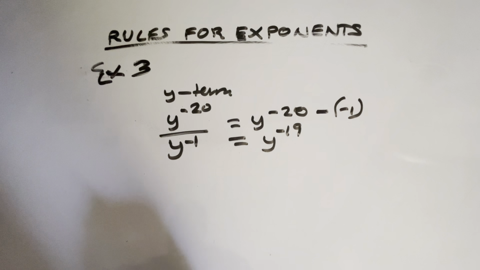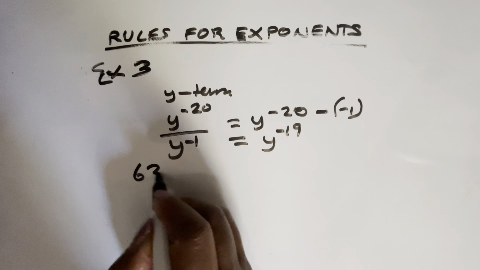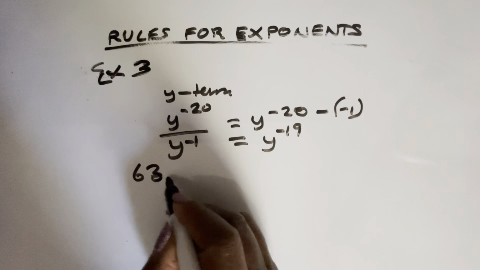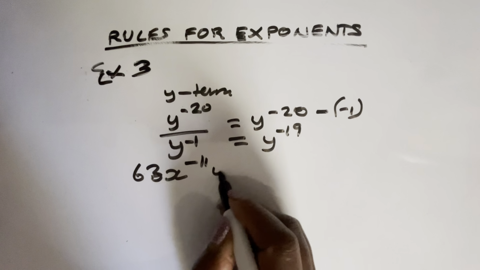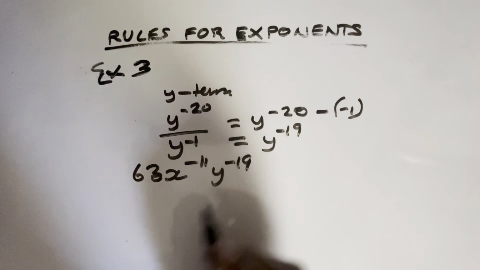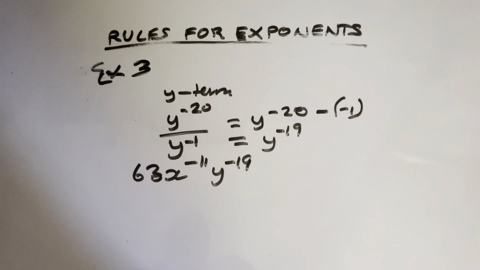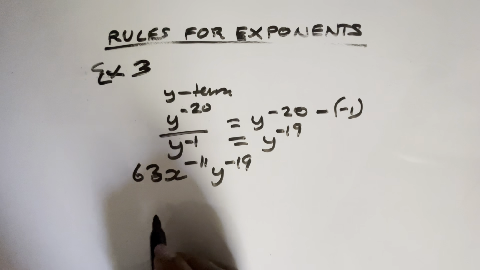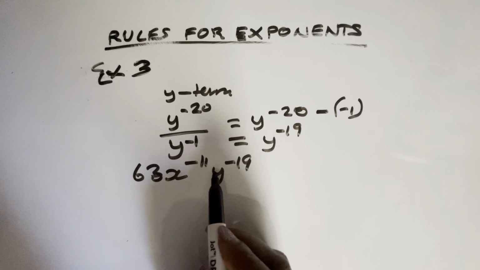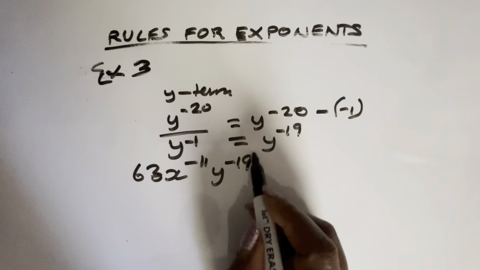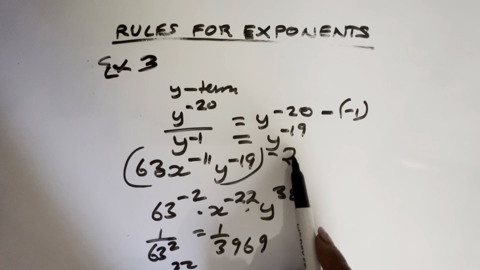So the expression now has become 63x to the minus 11, y to the minus 19. Now, applying the original exponent, -2, to the entire expression, we have 63x to the minus 11, y to the minus 19, all raised to -2.